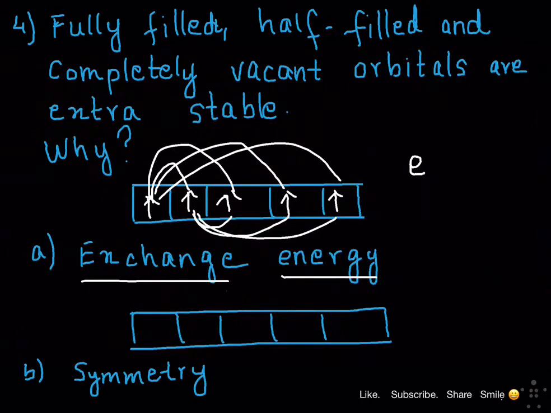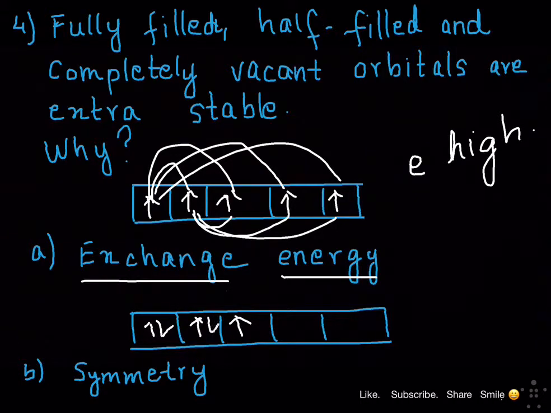So when you have these half filled or fully filled orbitals, the exchange energy is high. On the other hand, let us suppose I have got an arrangement like this, right? Now what happens is the exchange energy is minimal because these are already paired up.